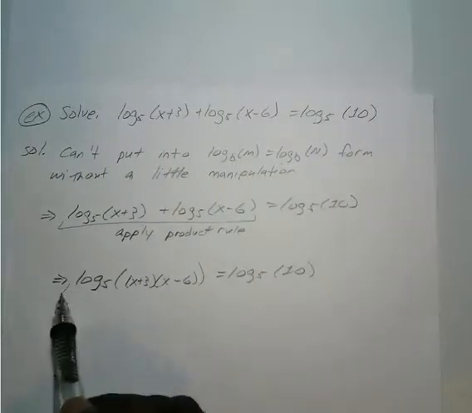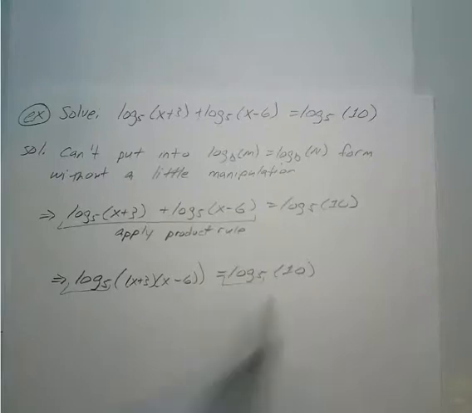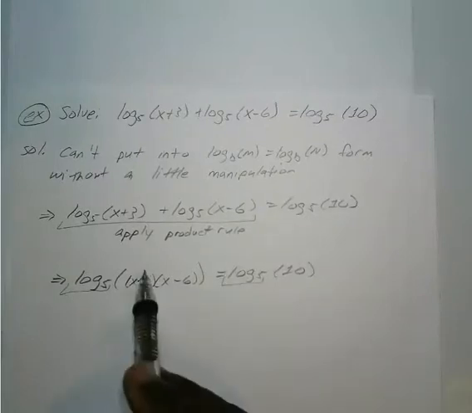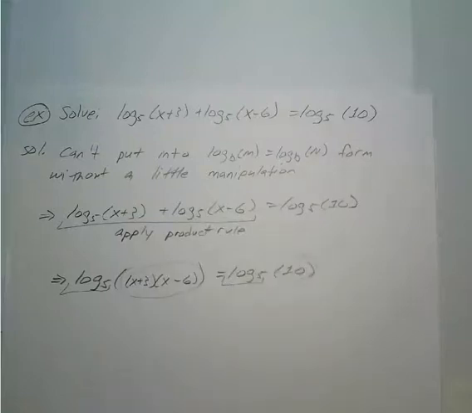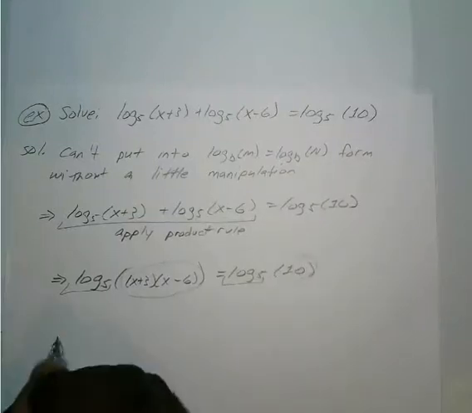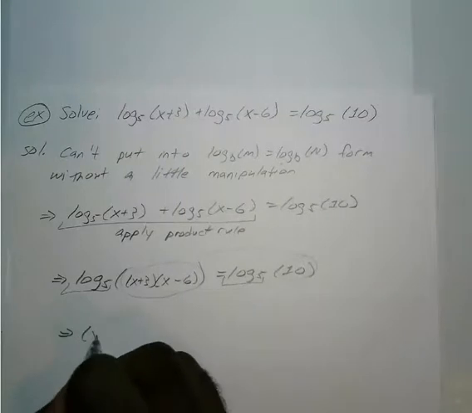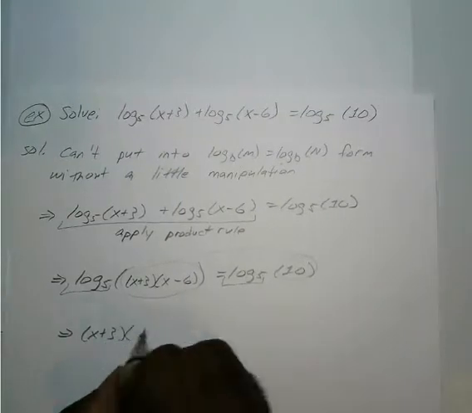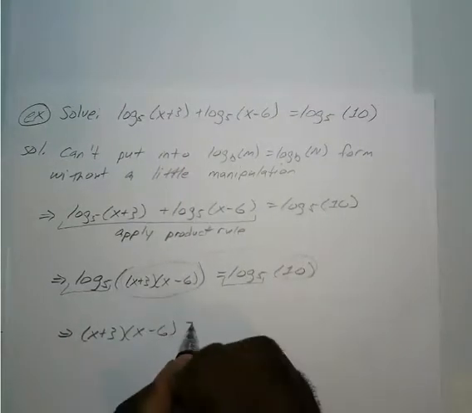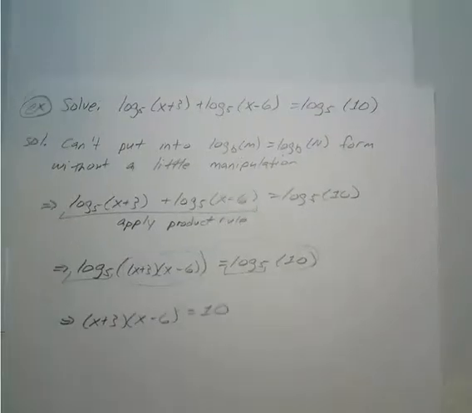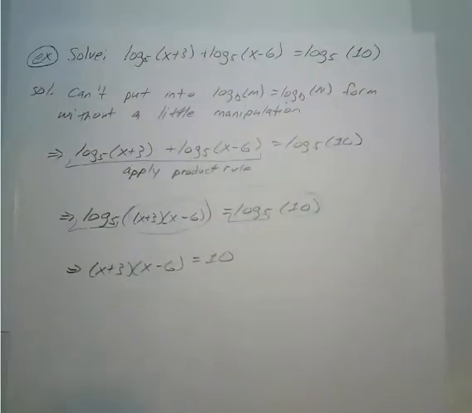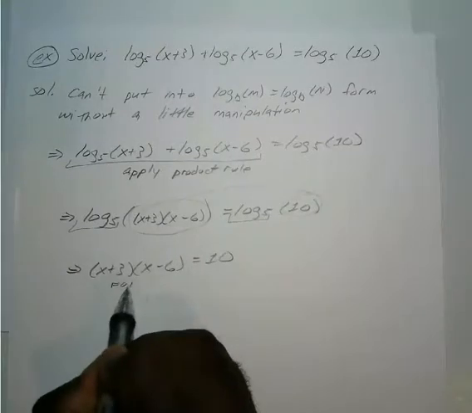Okay, so we have log base 5 here and log base 5 here, which means this will only be true if this is equal to that. Okay, so we know that x plus 3 times x minus 6 has to equal 10 for this to be true. Okay, so we go ahead and do the FOIL method on this side.